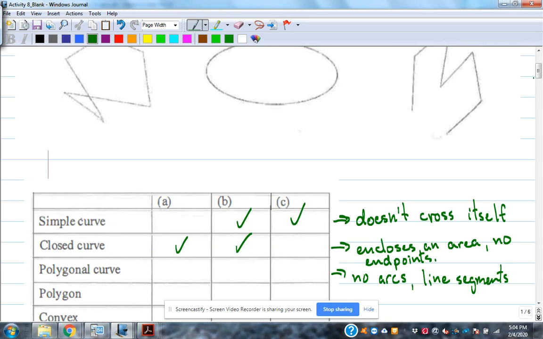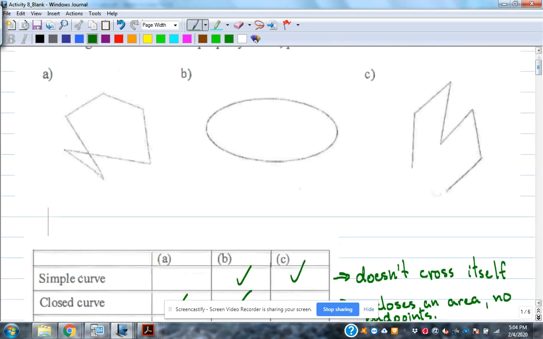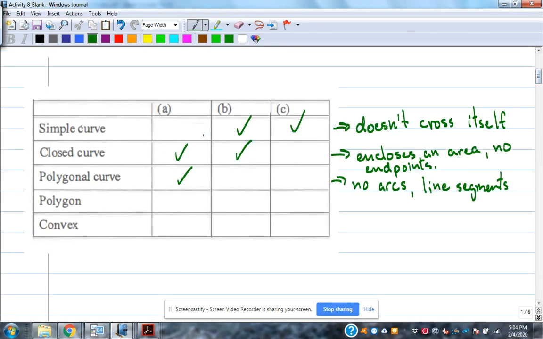Okay, so a polygonal curve has got to be a closed curve, and it also has to be segments, though. So a polygonal curve is a special closed curve. So A and B were both closed. Which one of those is polygonal? A, because its lines are all segments, right? B is an arc, so that's why it's not polygonal. So A is the only one.